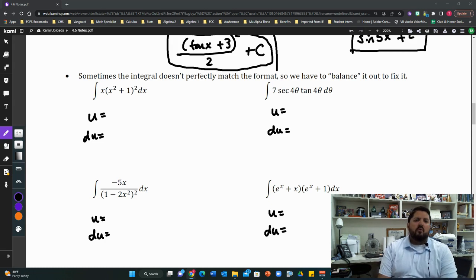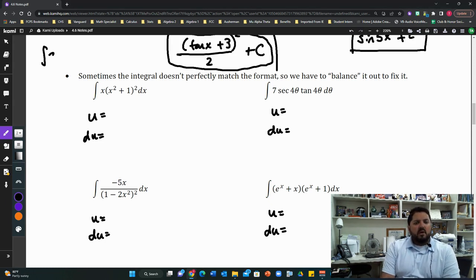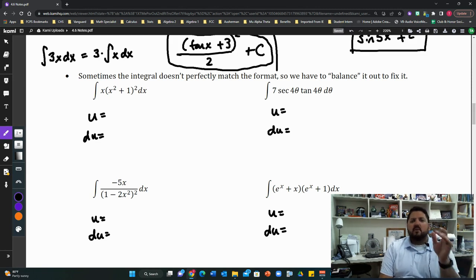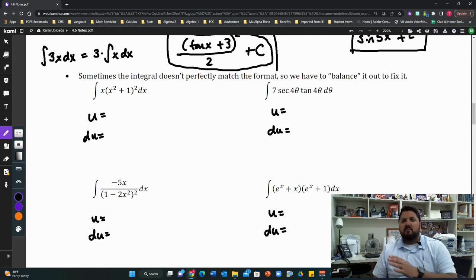So one rule for integrals that's really important, remember that the integral of 3x dx is the same thing as 3 times the integral of just x dx. So that is true whether it's an indefinite integral or a definite integral. That's one of the properties of these integrals. So basically what that rule means is if I have a constant multiple or a coefficient inside to start, I always have the ability to move it out in front.